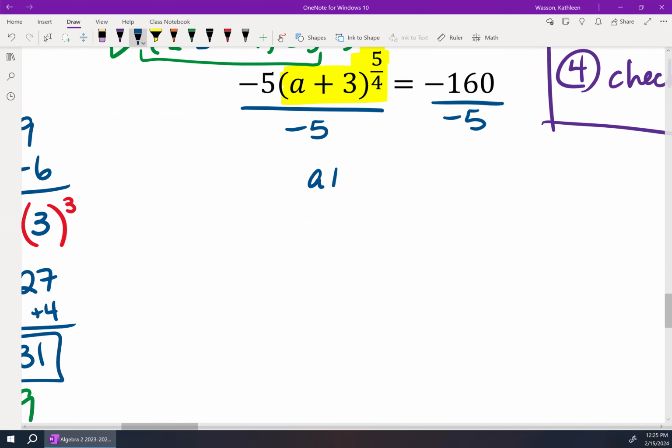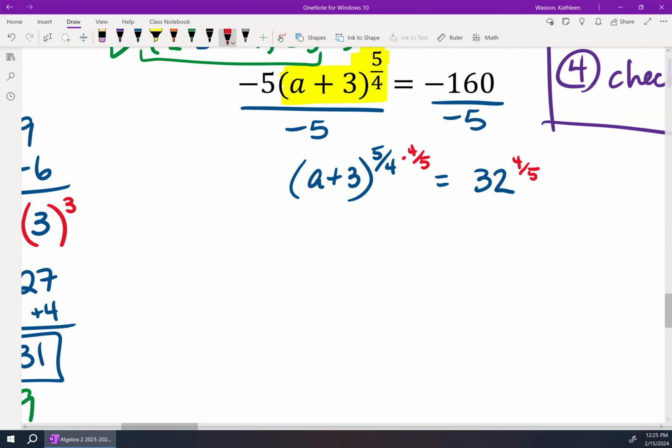Now I have a plus 3 to the 5/4 power equals -160 over -5. This is 32. I raise this to the reciprocal power. So 4/5 is my exponent. So I do 4/5 power on both sides.